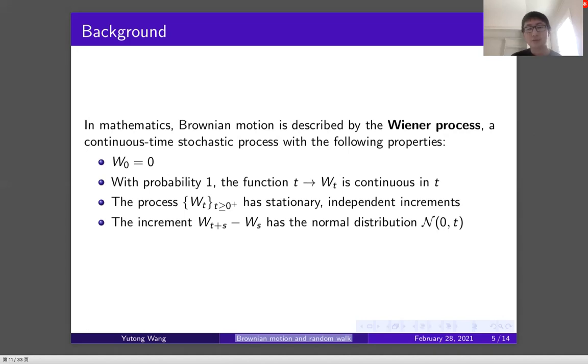Every increment, like W(t+s) minus Ws, which has a time period t, has a normal distribution. We denote it as the normal distribution N(0, t). And also for the third property, it means every increment is independent, so they do not depend on others. Like W(t1) and W(t2), they are totally different.